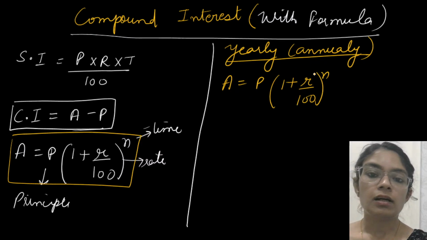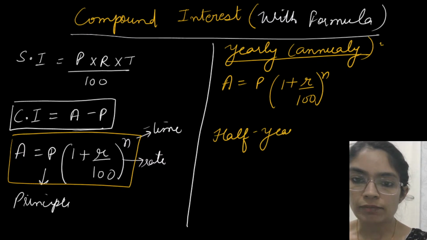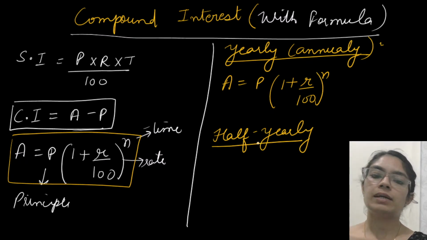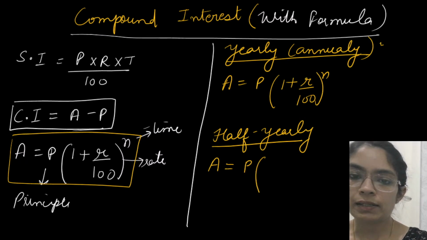Annually means yearly. So both the terms you should be aware of. The other thing is half yearly. Half year is 6 months. So compound interest can be compounded half yearly also. In that case you have to use the formula of amount as A equals P into 1 plus R by 2 into 100.